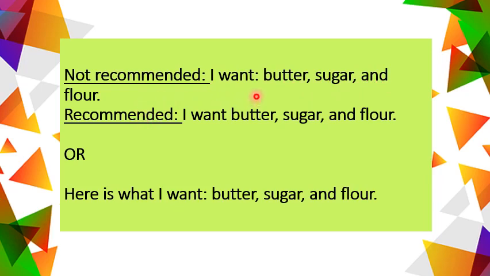Here you can see a colon is not needed. So it is recommended to write the sentence like: I want butter, sugar and flour. Or you can say, here is what I want. Now the person is giving a list of the items: butter, sugar and flour.